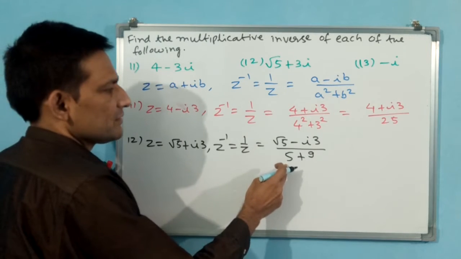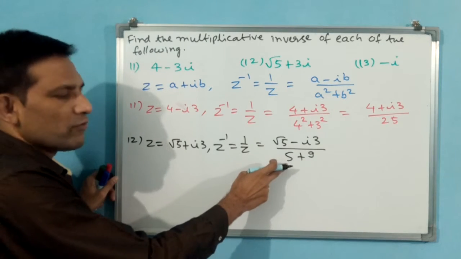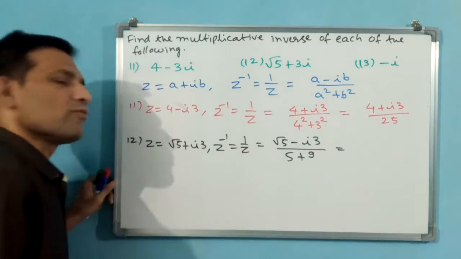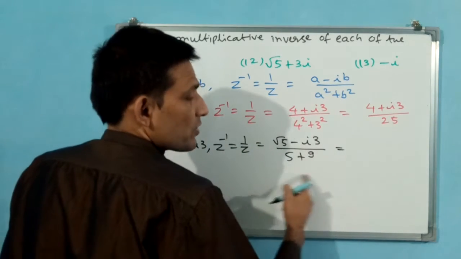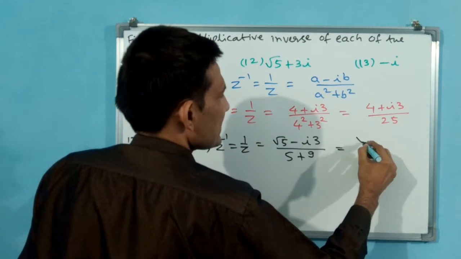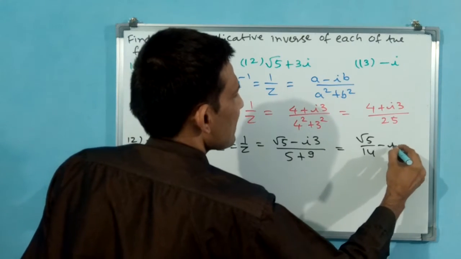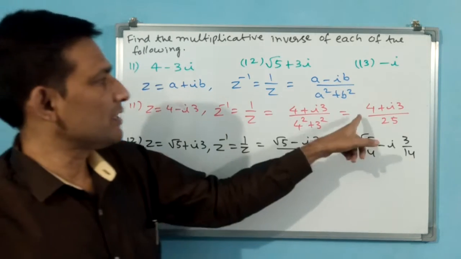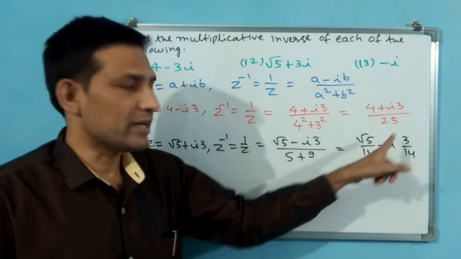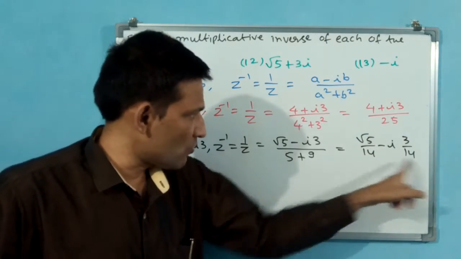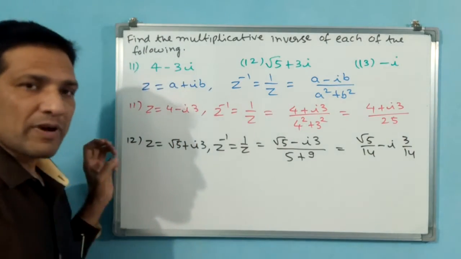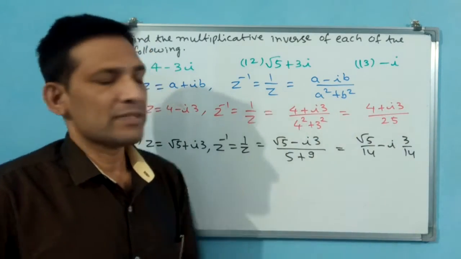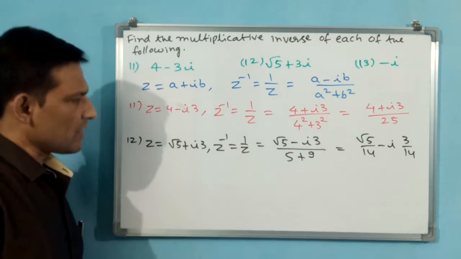Because here root 5 is there, root and square are going to get cancelled. Now this is 14. So you can write root 5 by 14 minus I3 by 14. Similarly, 4 by 25 plus I3 by 25 you can write with 25 overall, or 14 overall, or take out 1 by 25 into 4 plus I3. In 3 ways you can write it. All are correct.